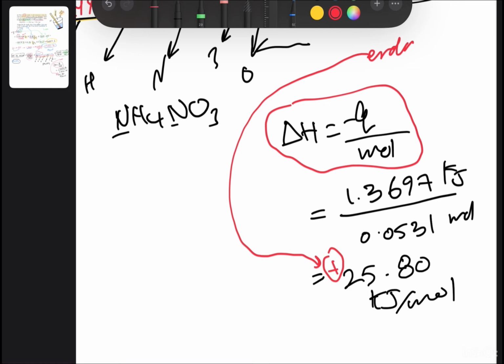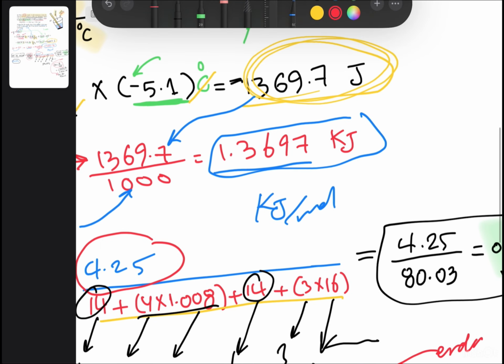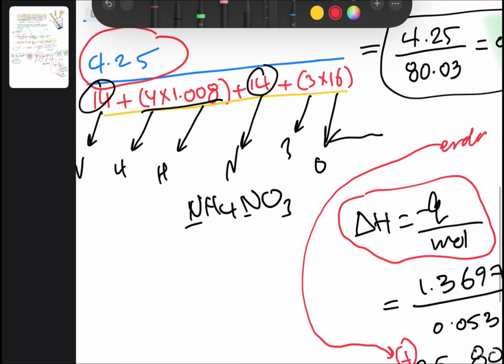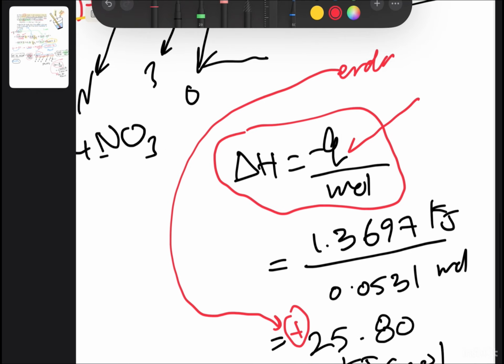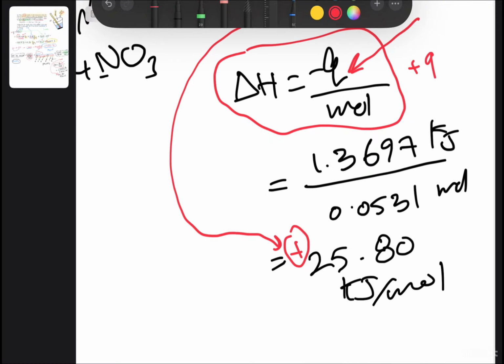It's already in the law of the delta H. But we have negative Q because we have negative delta T. So this number here must be negative, and then you multiply by negative again in Q. Then the Q becomes positive. So if you divide it over the number of moles, you will end up with a positive answer. So the delta H for an endothermic reaction is always positive.